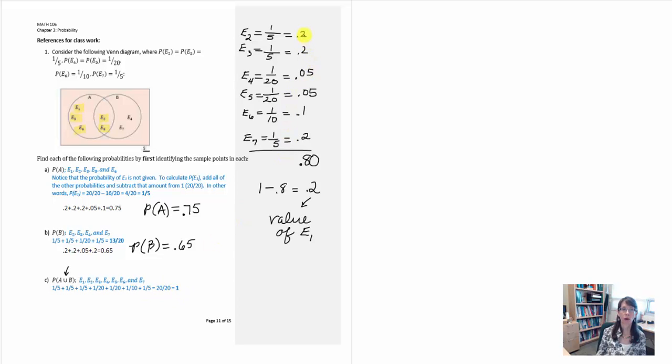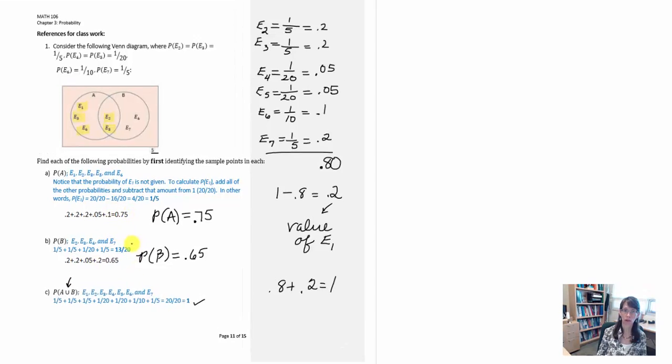If we add up all of our decimals, we know that all of our points 2 through 7 added up to 0.8. So 0.8 added to 0.2 does equal 1. So whether we use decimals or fractions, since every data point is within those events, it should add up to 1. We do not have any points out of the circles.